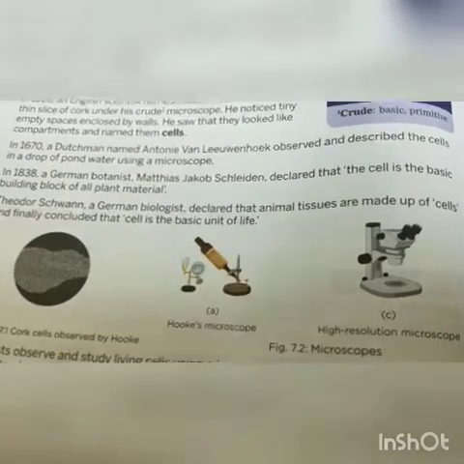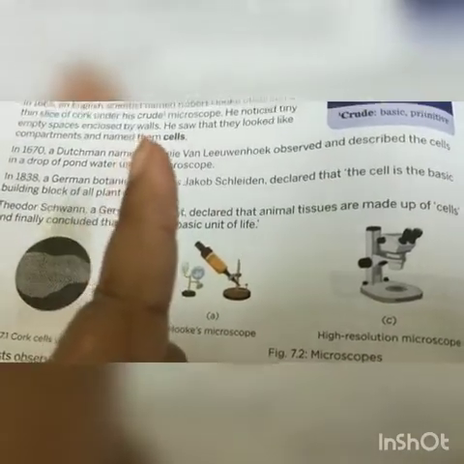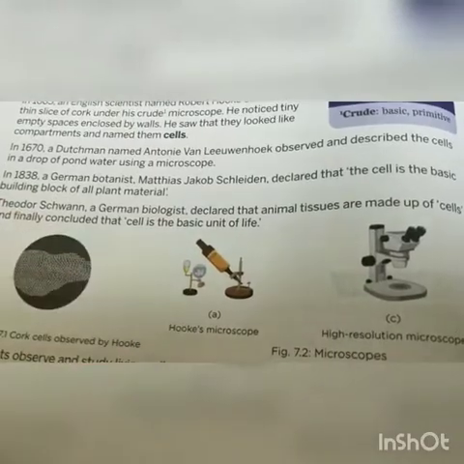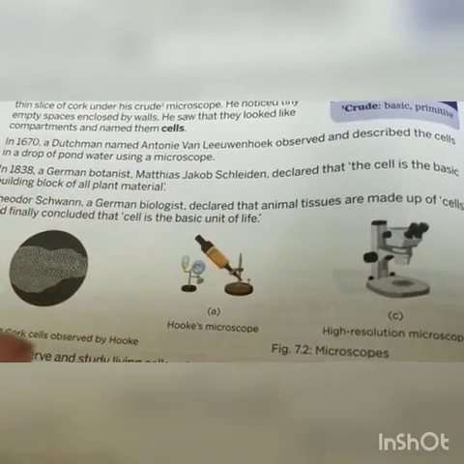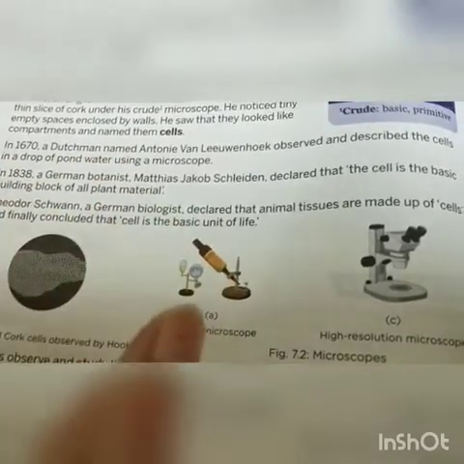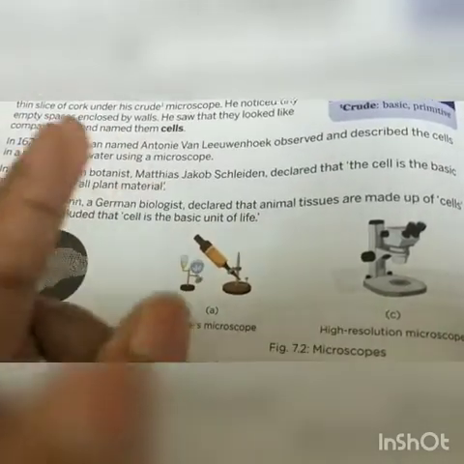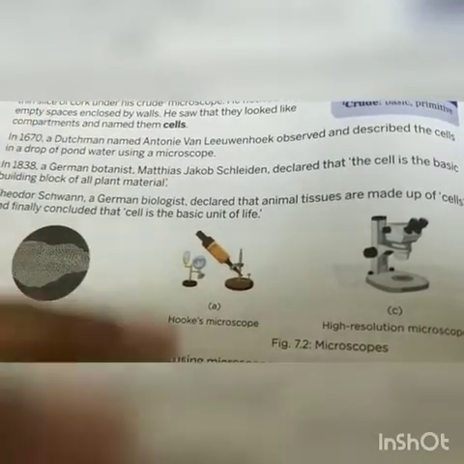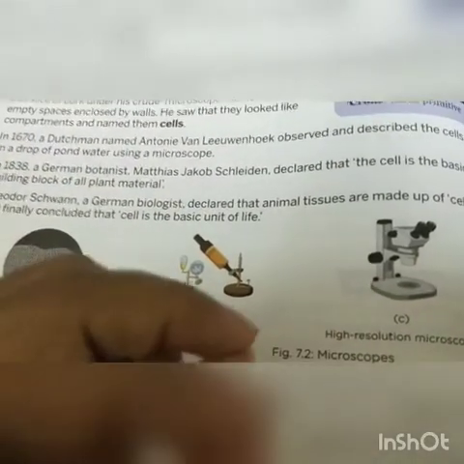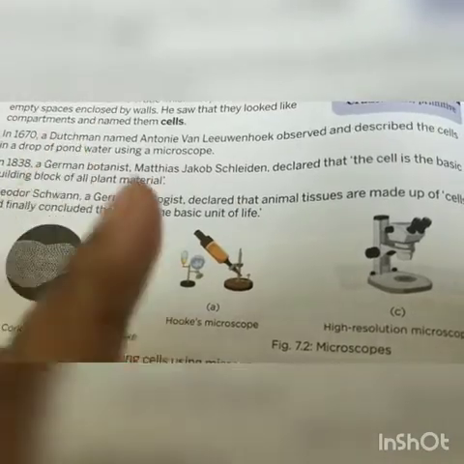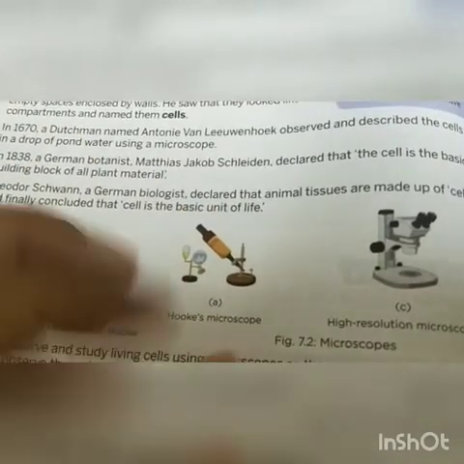So how was it discovered? First, in a cork, Robert Hooke observed small holes, small compartments. So Robert Hooke declared that it is a cell. Then in 1670, Antony van Leeuwenhoek observed the same cells in a drop of water using a microscope.